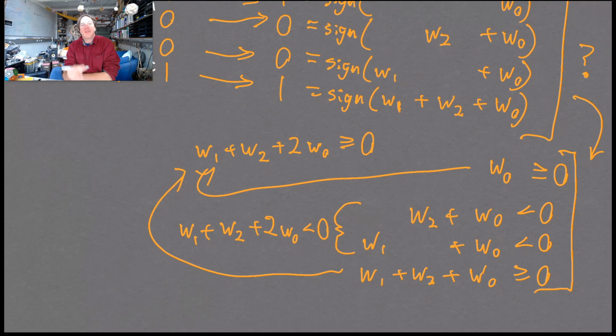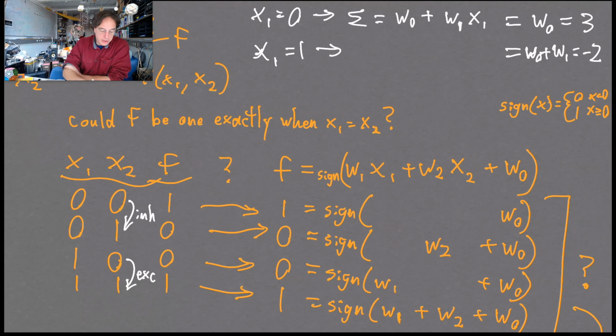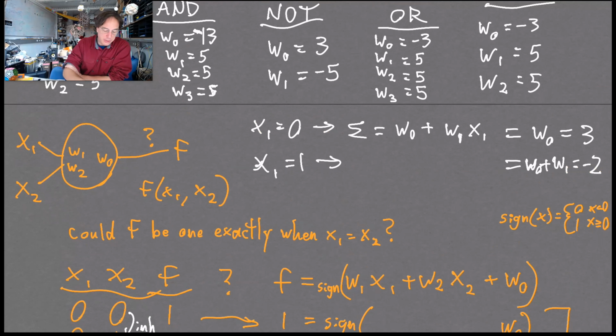Now, what's kind of funny historically is that when people saw that a single neuron couldn't do operations like this, they thought, oh, this neuron model isn't very powerful, which doesn't really make sense to think, but people thought that for a long time. They thought these neurons can't really do very much because they can't solve even the simple problems.